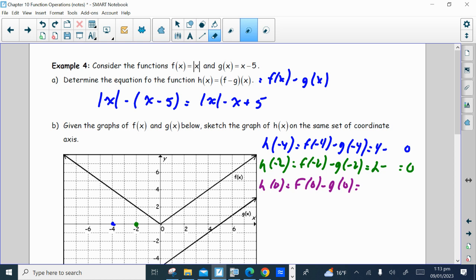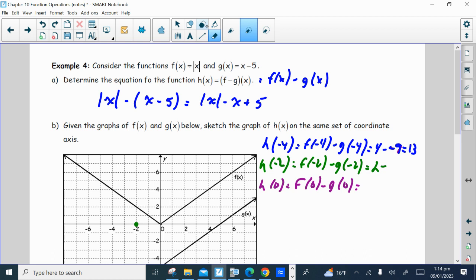So it'll be 4 take away negative 9, which is plus 13. Sorry about that. I don't have room on my graph for that because my y value only goes up to plus 8.